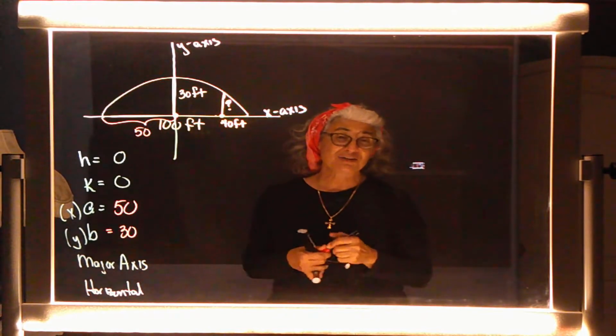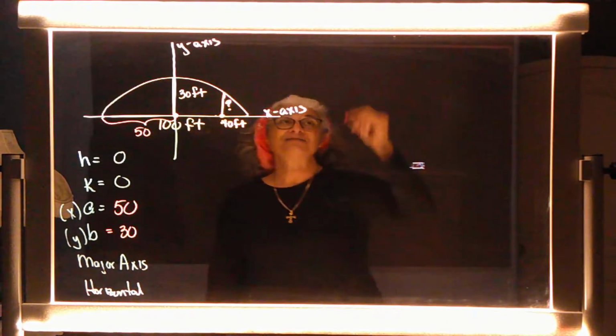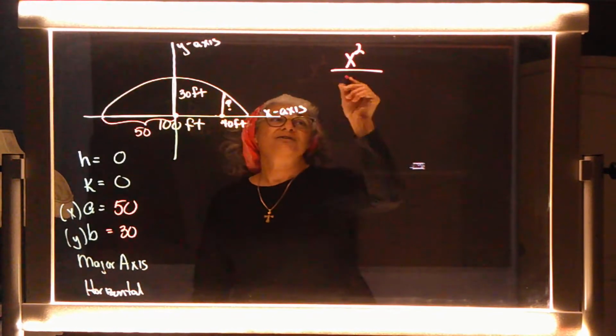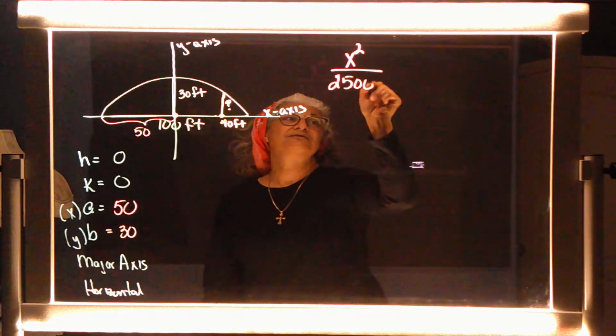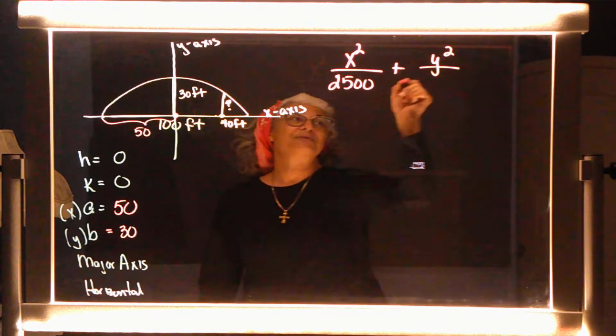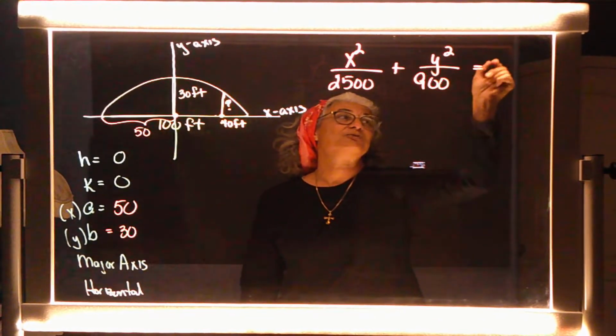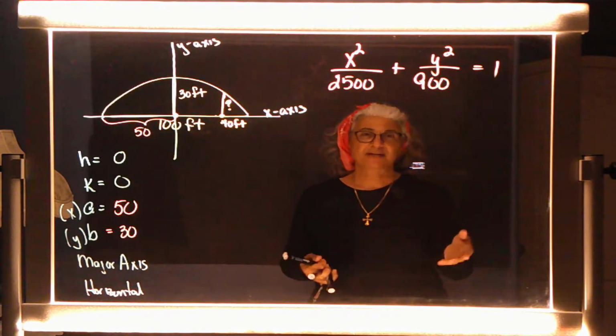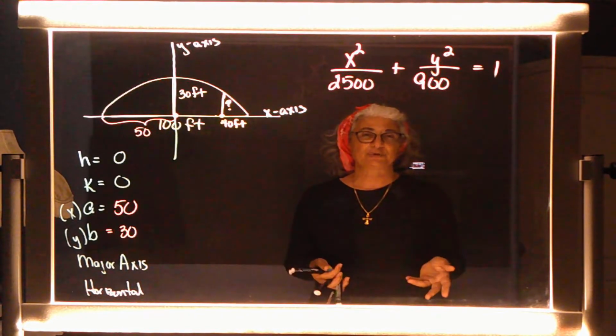So, can I write the equation? I sure can. I've got x squared over 2,500, plus y squared over 900, equals 1. Yay! You're like, well, that's great, but how do I find out the height at 40 feet?